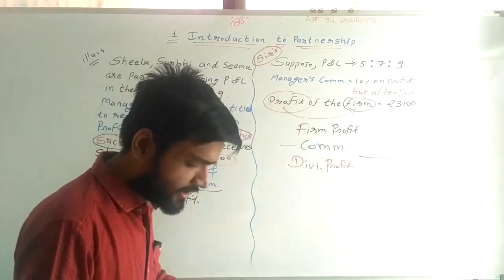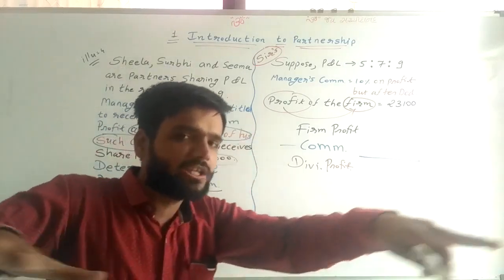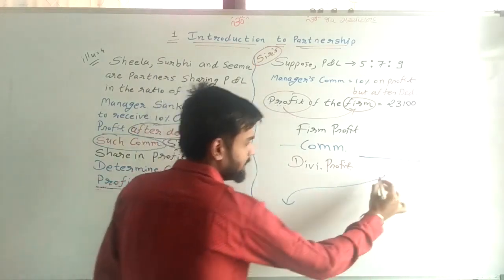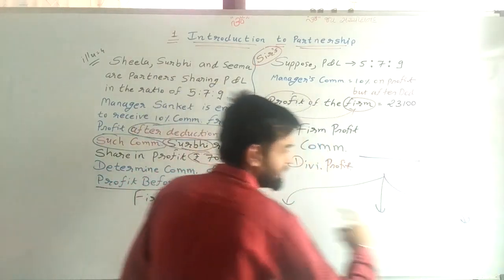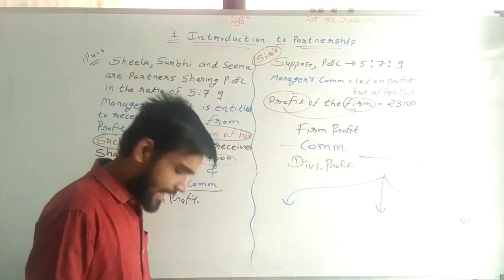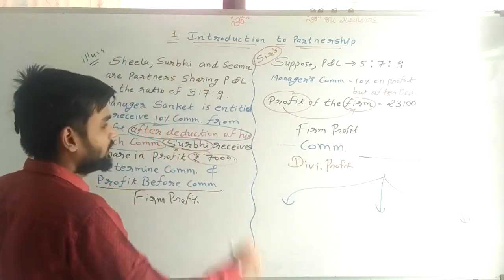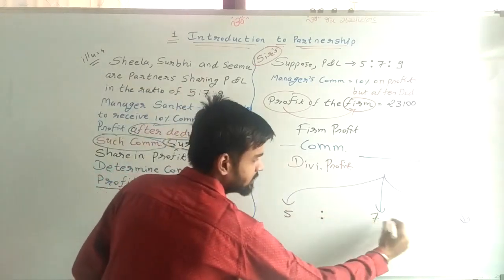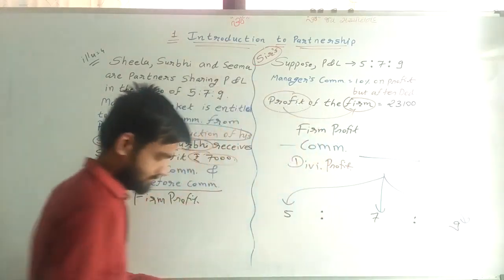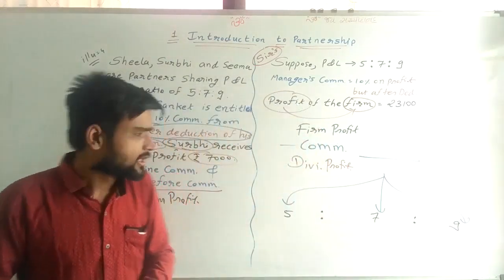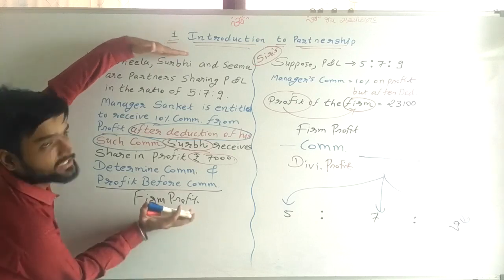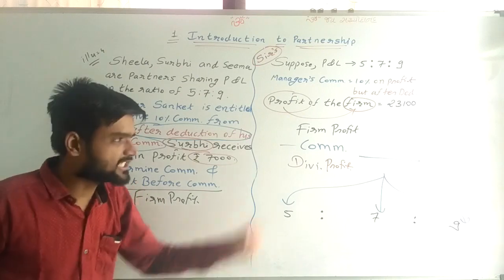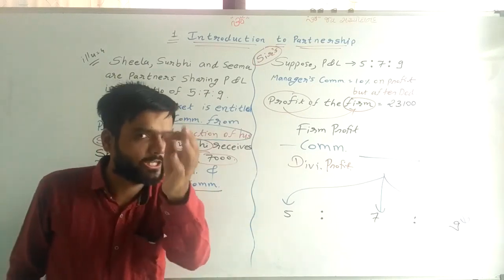This divisible profit I am distributing among the partners, and the ratio is given as 5:7:9. So in the ratio of 5, 7 and 9, I am distributing the profit. After understanding this question, we can make this format, and this format is of Kamal sir only.